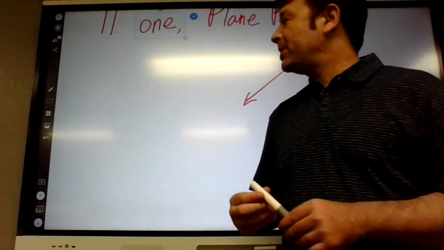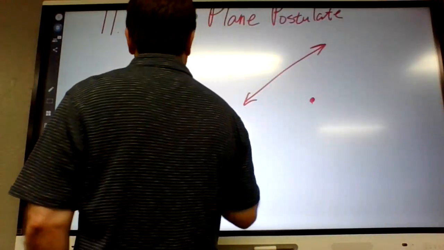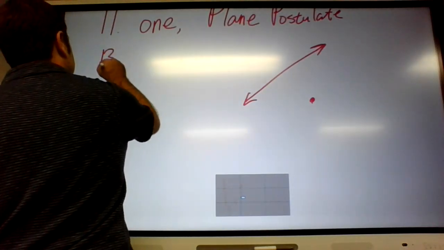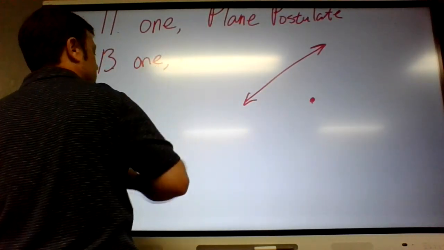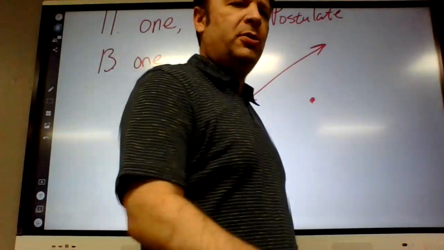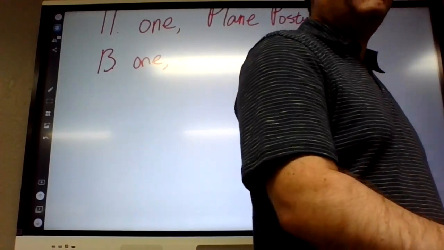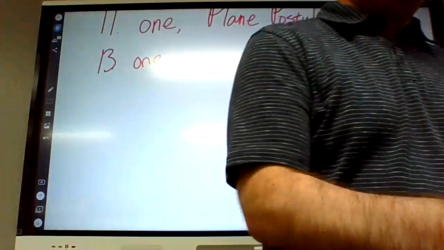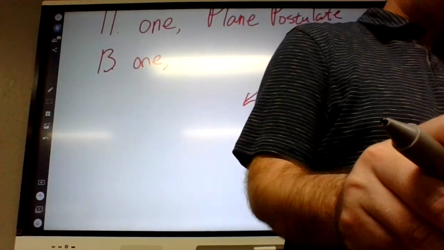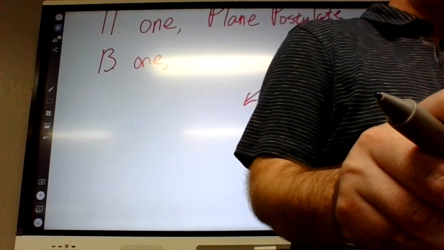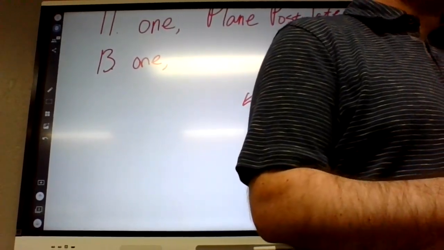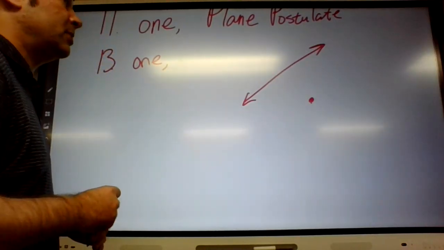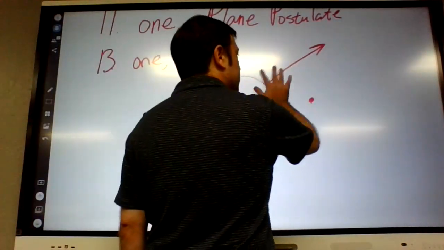One. Which postulate says a line and a point not on the line are contained by one plane? Oh, no. That was a theorem. Sorry. The theorems don't have any names, but if you look at the top theorem, it's basically what I just said. A line and a point not on the line are contained by one plane. So do we write that down?